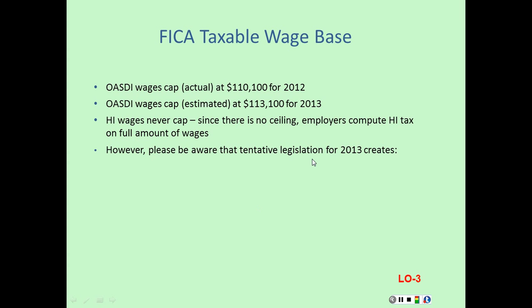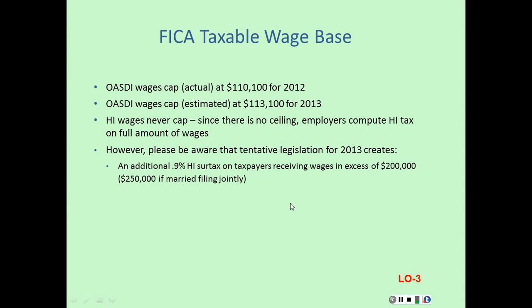There was legislation, tentative at the time the book was built, that there will be a surcharge. This passed, this happened, and so there is currently a surcharge for those of higher incomes, $200,000 single, $250,000 married. They pay this 0.9% surtax, an additional amount for Medicare.